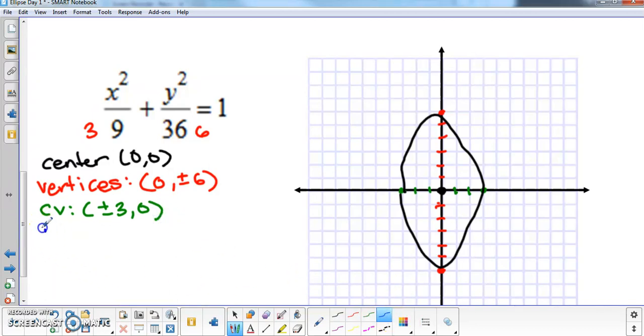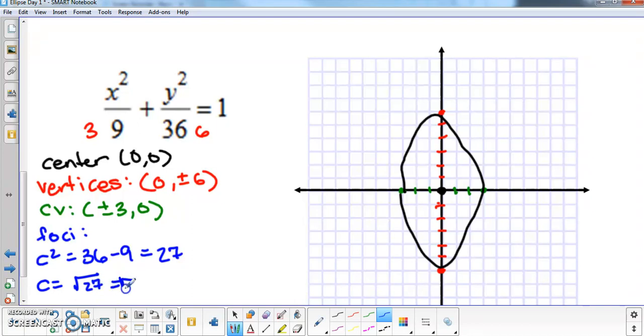Now to find my foci, I just have to do c squared equals, always my bigger number, subtracting my smaller number, so 36 minus 9, which gets me 27. Which reduces here. If I take square root 27, I can reduce that to 3 square root 3, because 9 times 3 gets me 27. The square root of 9 is 3.